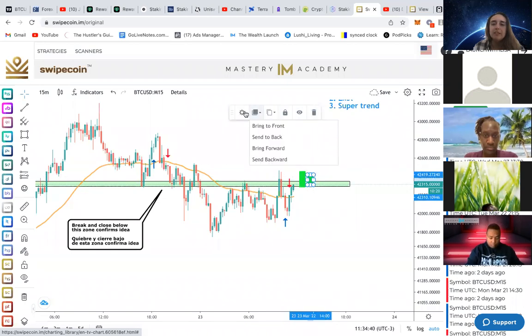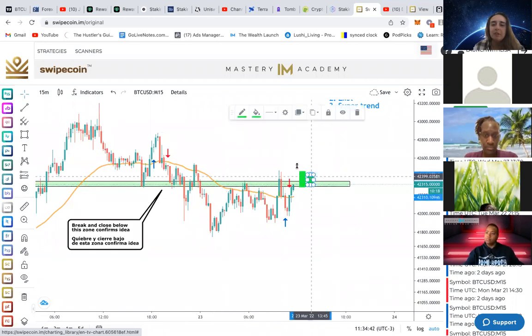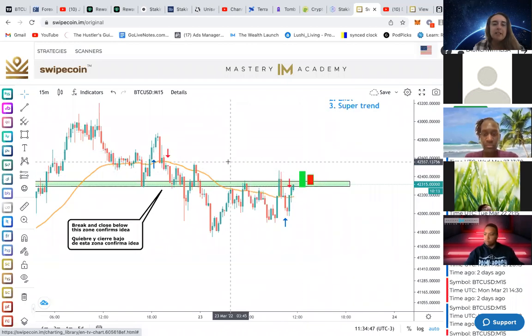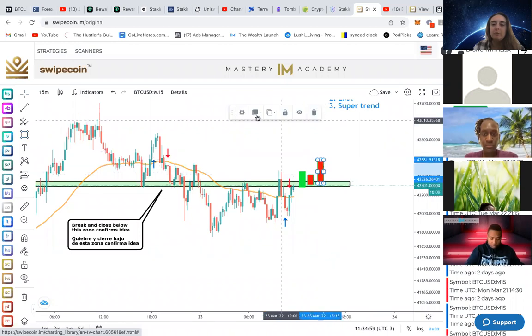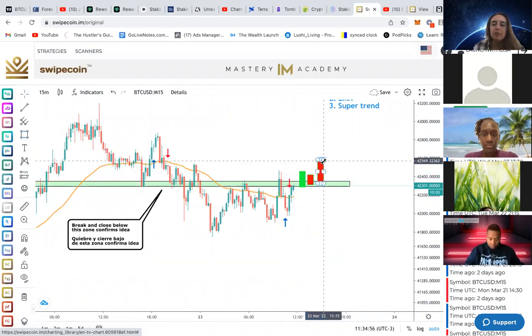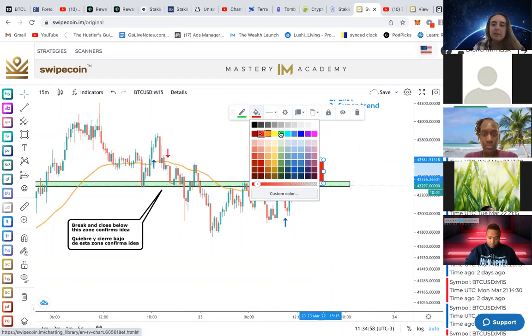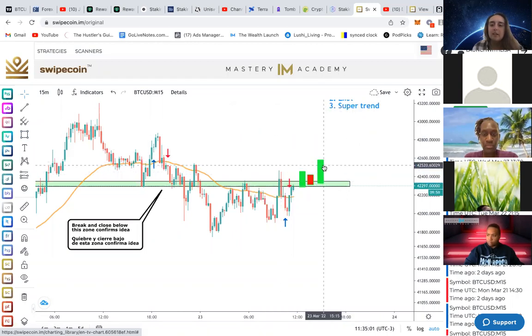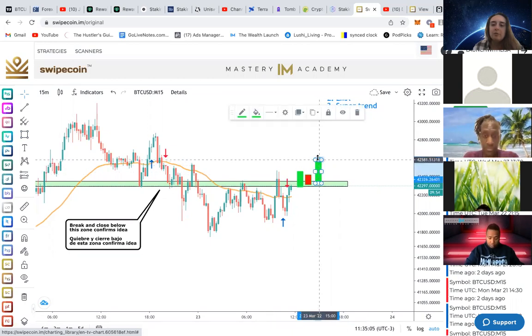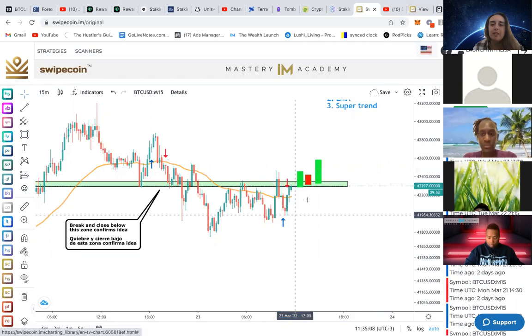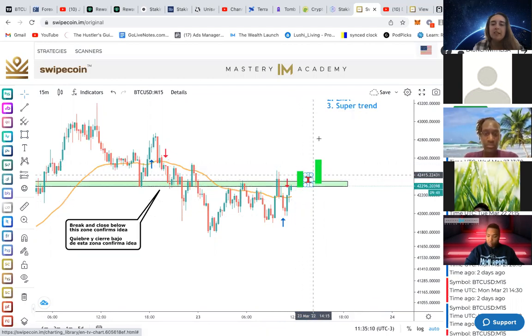We don't always get a retest, but if we do, we're happy. A small retest, and then next candle, boom, we're off to the races, as Lavinia and Chris say. All right, so that is what we are looking for candle wise, right? We want to break, a little retest, and then we are going to enter.